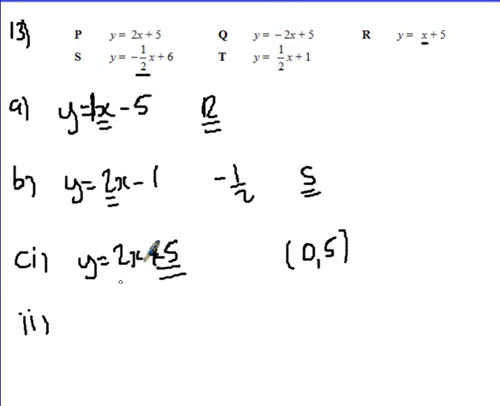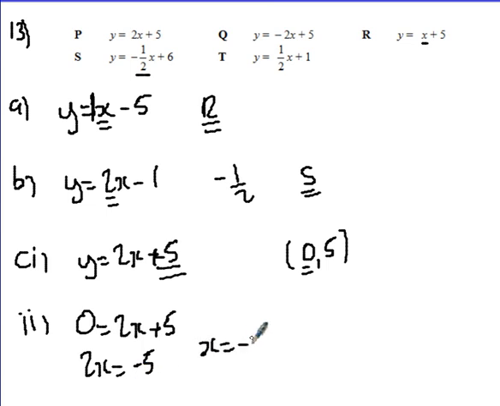The other way of doing that, if you're never sure, is if you sub 0 into x, then you just get y equals 5. When it crosses the x-axis is when y equals 0. So if I set that equal to 0, take your 5 over, so 2x equals minus 5, divide by 2, which gives you x equals minus 2.5.